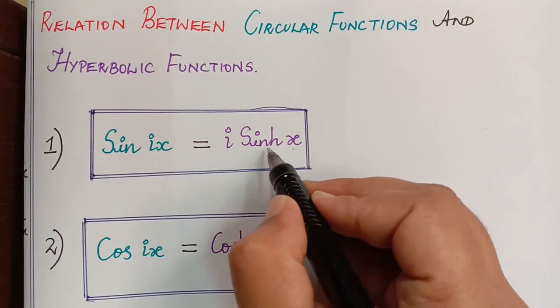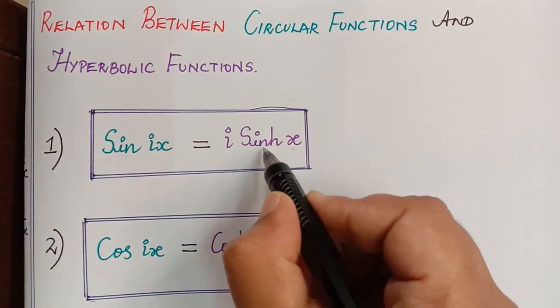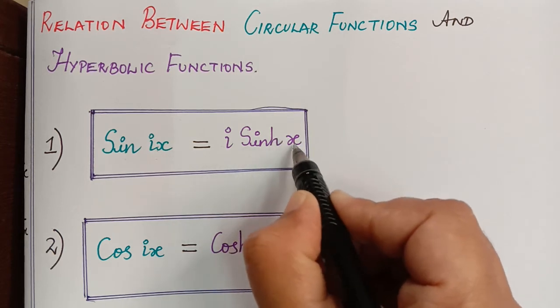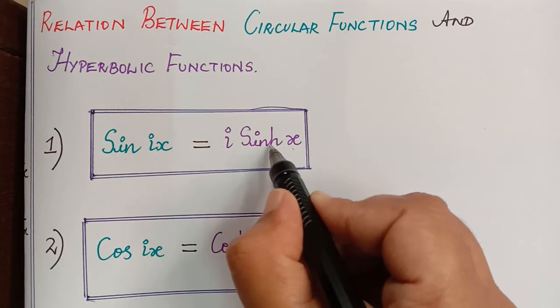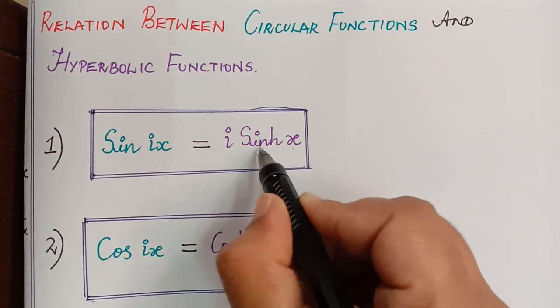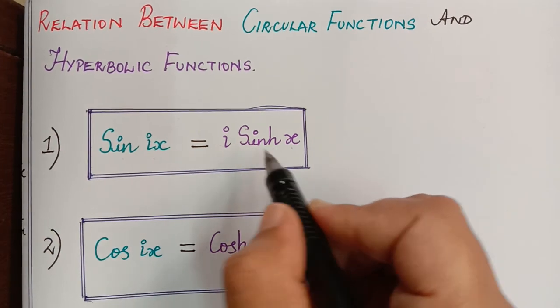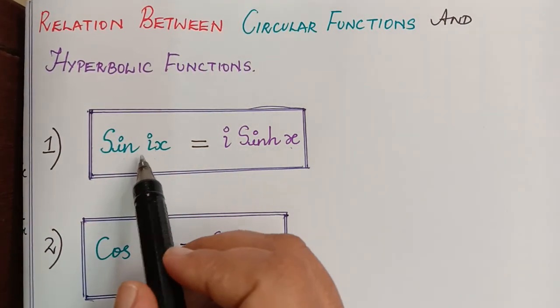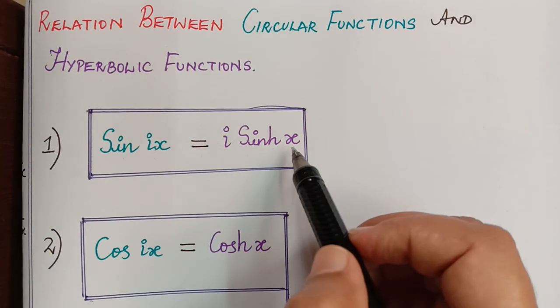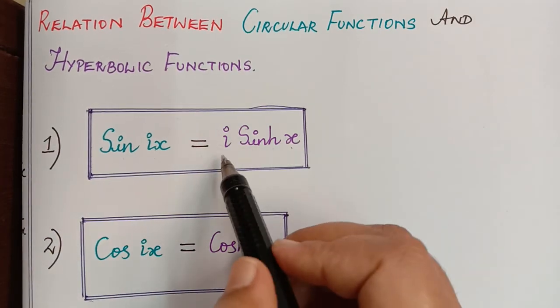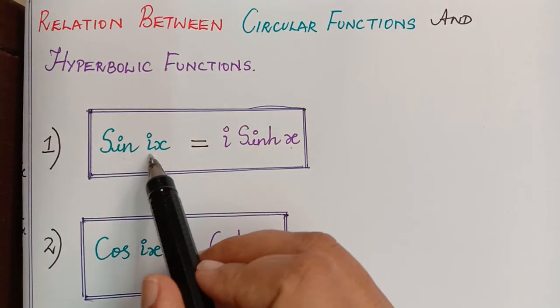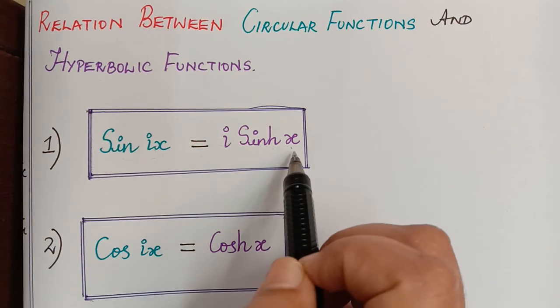Similarly, what students sometimes do is put this h along with the angle. That also you shouldn't do. Very carefully, this h should join this sin because it is a hyperbolic function. So sinh is a function. Similarly, sin is a function. ix is an angle and here x is an angle, and the formula is sin ix is equal to i sinh x.